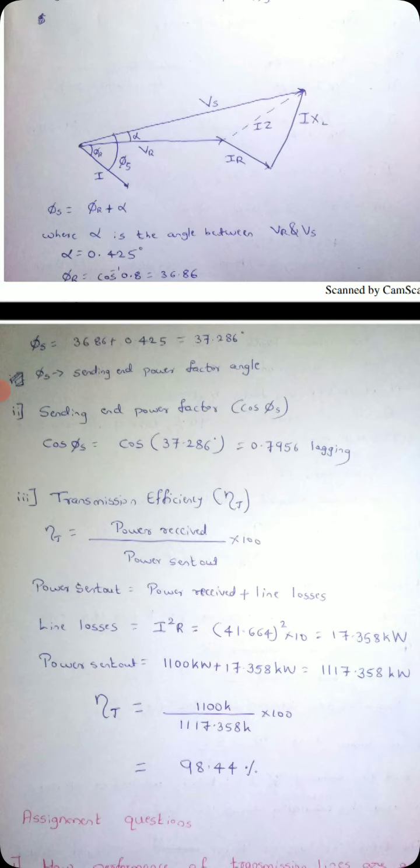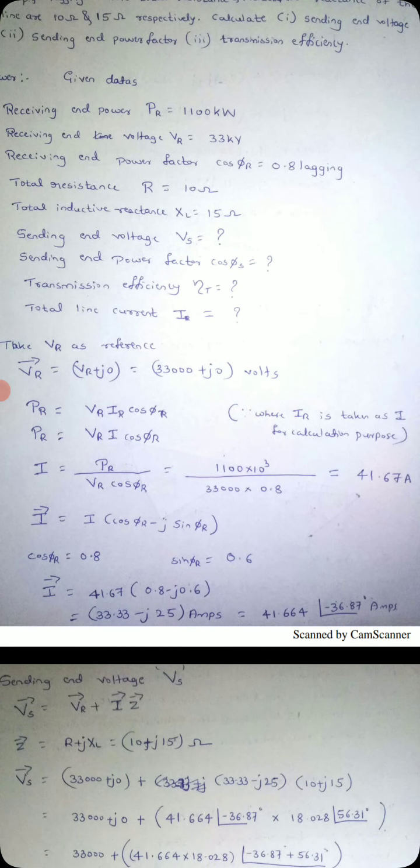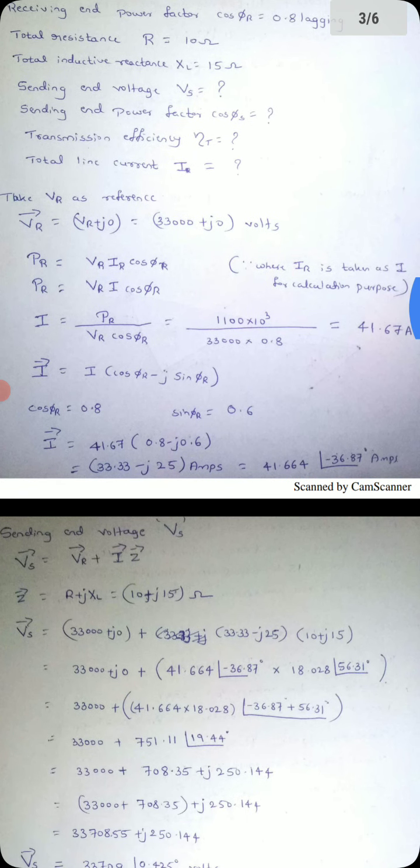You understood this concept. Once again, you can go through this problem. Starting from here, write down the given data and convert Vr into complex form, that is Vr plus j0, and PR is given. Using that equation, find I. Once you find I in complex form, that is I cos phi r minus j sin phi r, you can find Vs, that is Vs equal to Vr plus IZ.